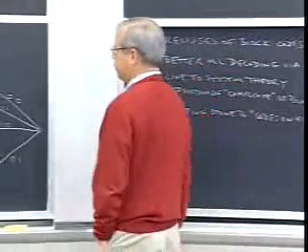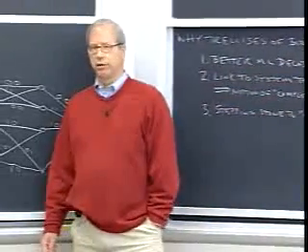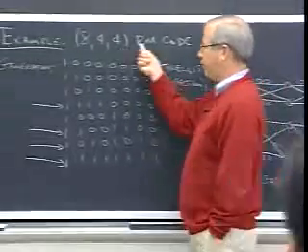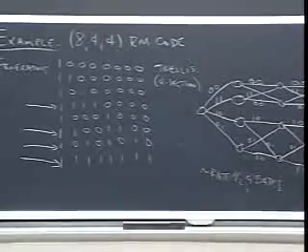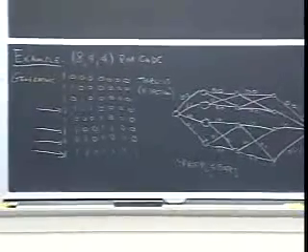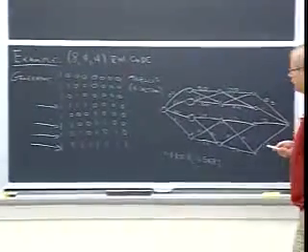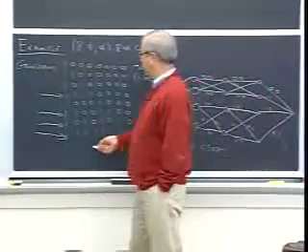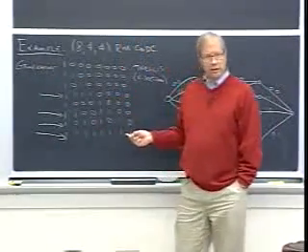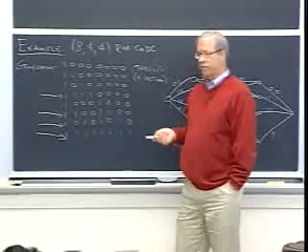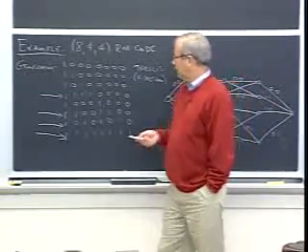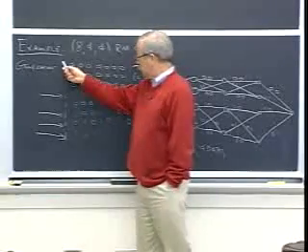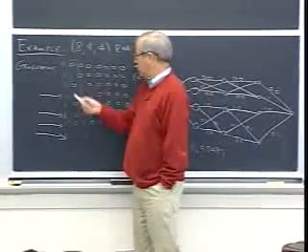Here's a nice example of a code that we know very well that has a nice trellis diagram. It's the 8,4,4 Reed-Muller code. Just to remind you of how we construct this code: we take this universal 8 by 8 matrix, a tensor product of this little matrix 3 times.